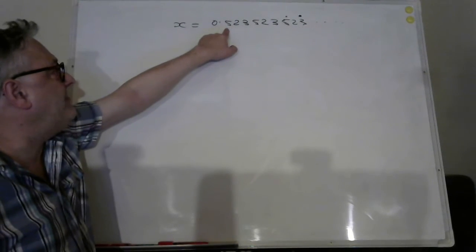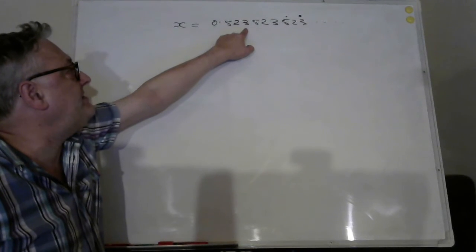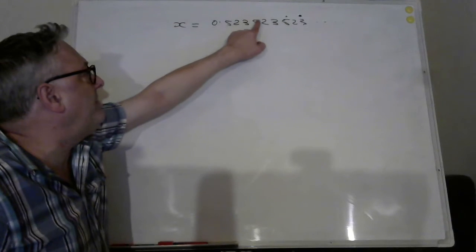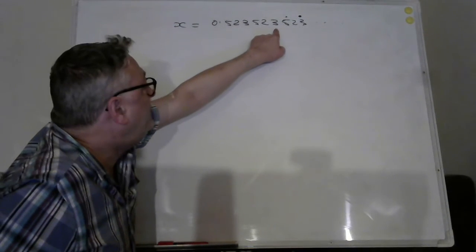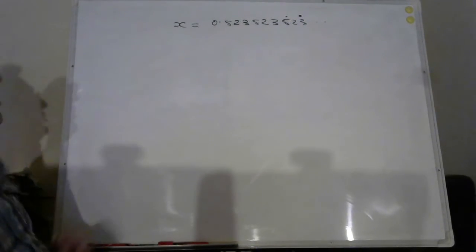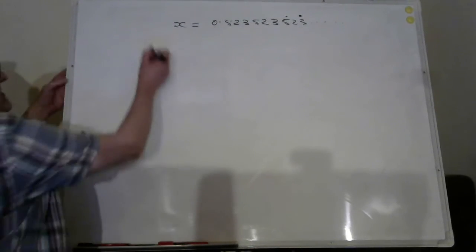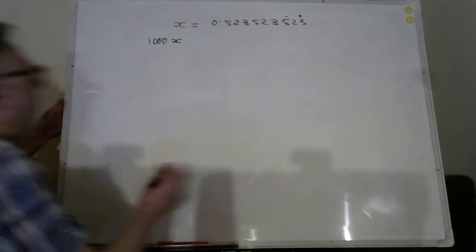So you can see that after the third decimal place, you then get a repetition of this number, and then after the 6th decimal place you get a repetition of the number again, and so on. So we're looking at multiplying x by 1,000.